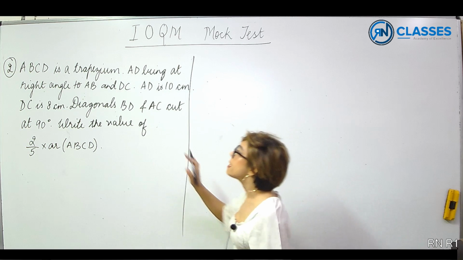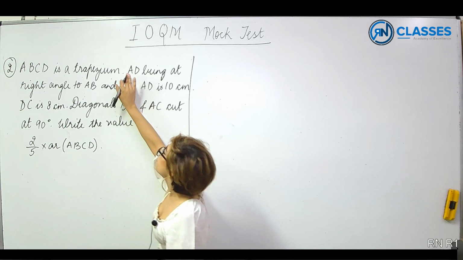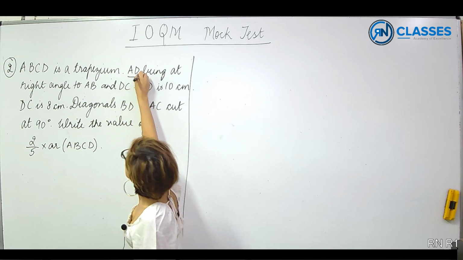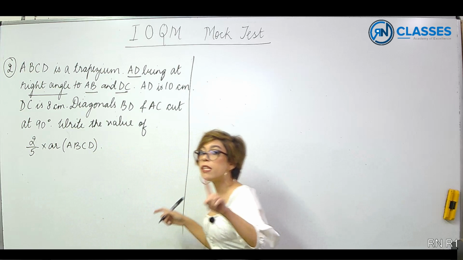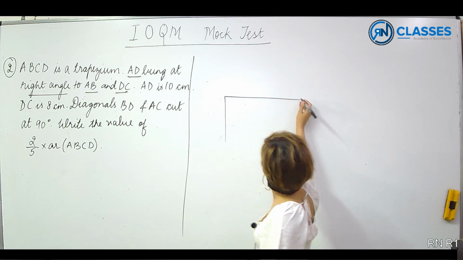Now, he says ABCD is a trapezium. So, let me have my screen. But, before that, AD is at right angle to AB, and AD is actually perpendicular to AB as well as DC. So I will make the trapezium accordingly. So suppose my trapezium looks like this.